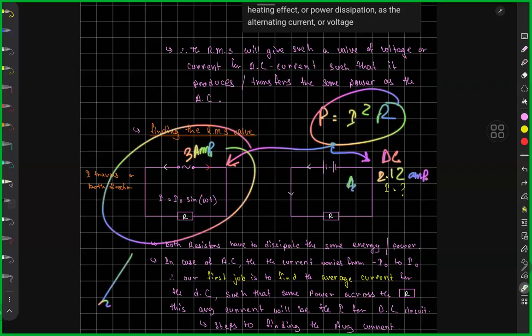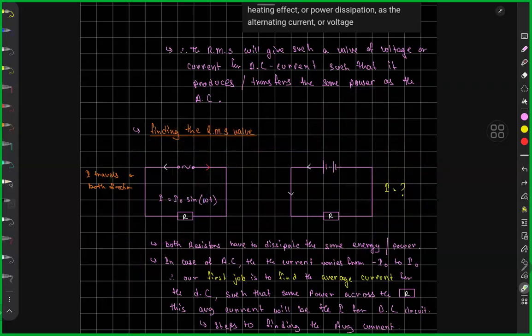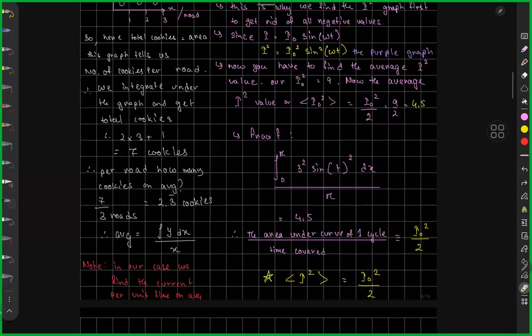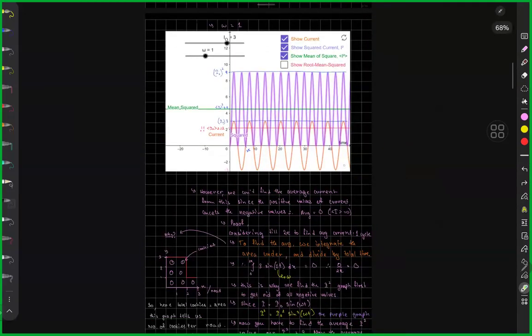So an AC circuit with a rating of 3 amp will produce the same power as a DC circuit with 2.12 amp. Why? Because even though it is said 3 amp in the AC circuit, the net or the average current running through the circuit is actually 2.12, which I just showed to you guys in some essence.